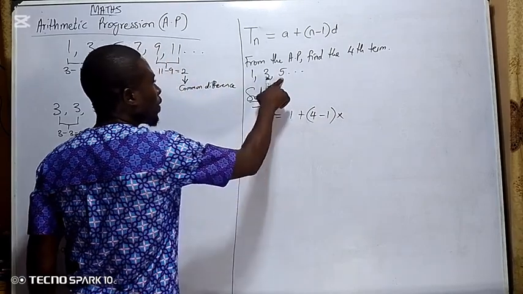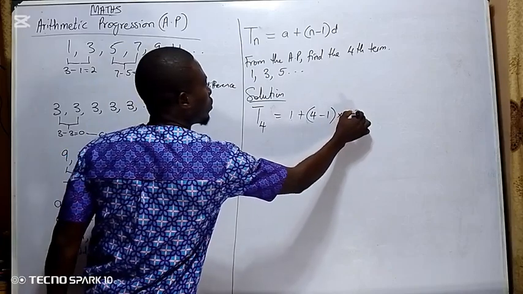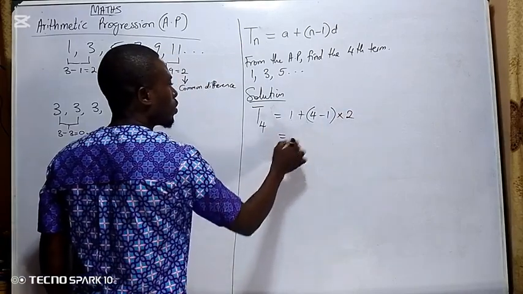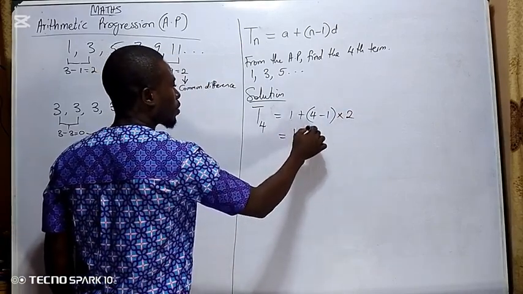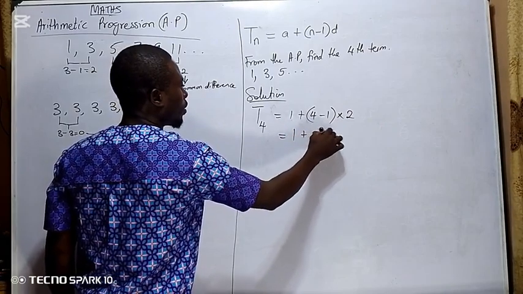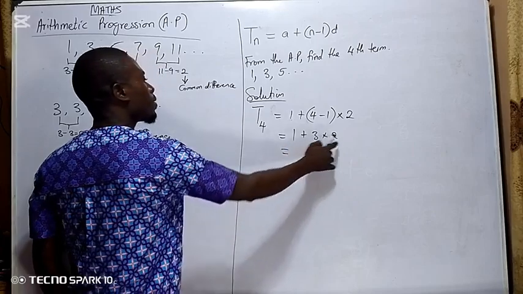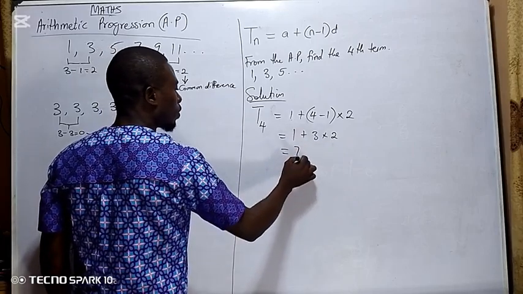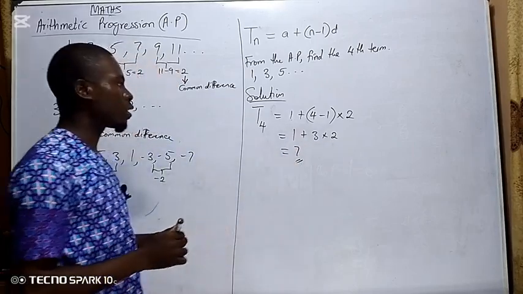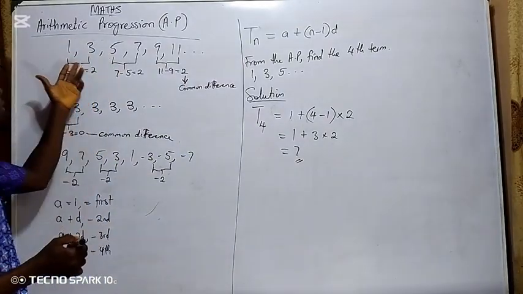Finding the common difference, 5 minus 3 is 2, which is the common difference. So let's open the brackets. We have plus 3 times 2. So 2 times 3 is 6, plus 1 is 7. So that is the fourth term of the sequence. You can see that on the board.